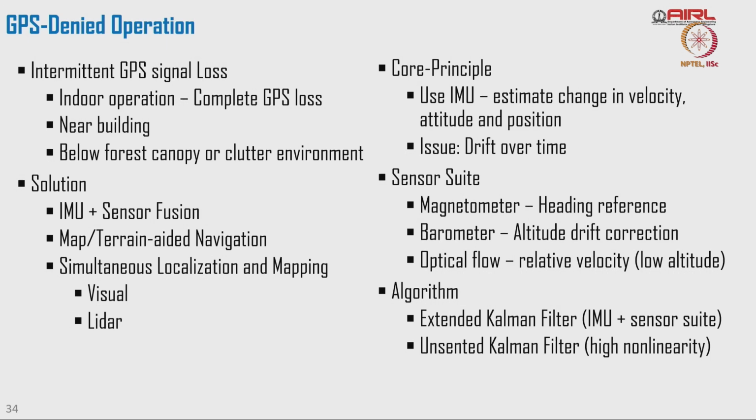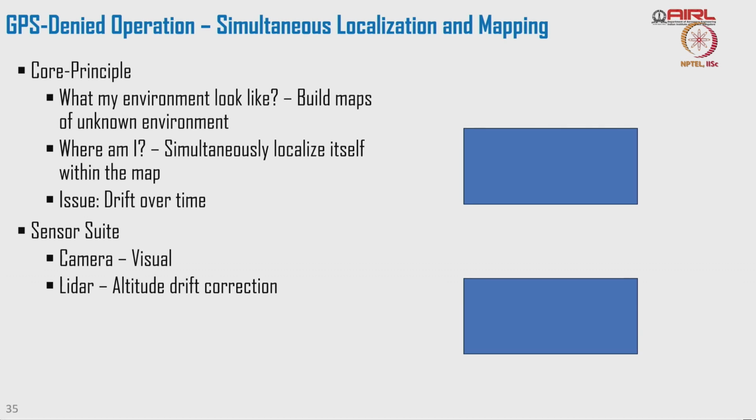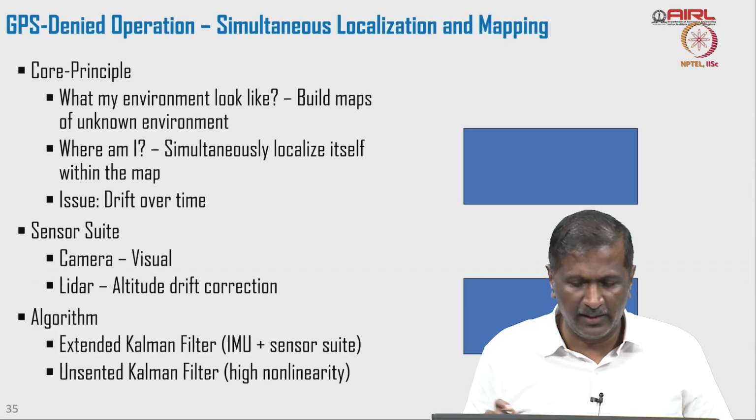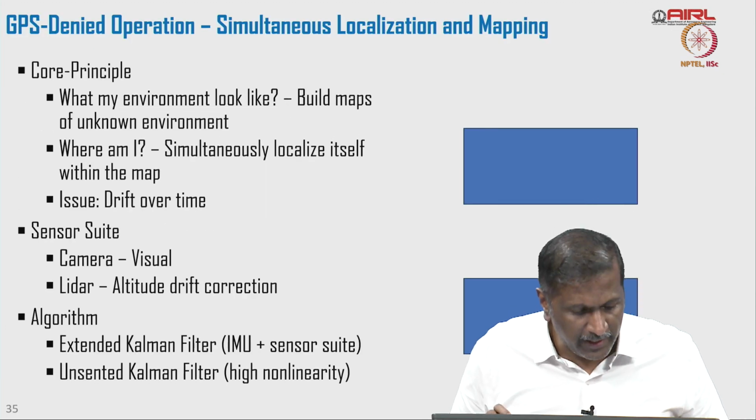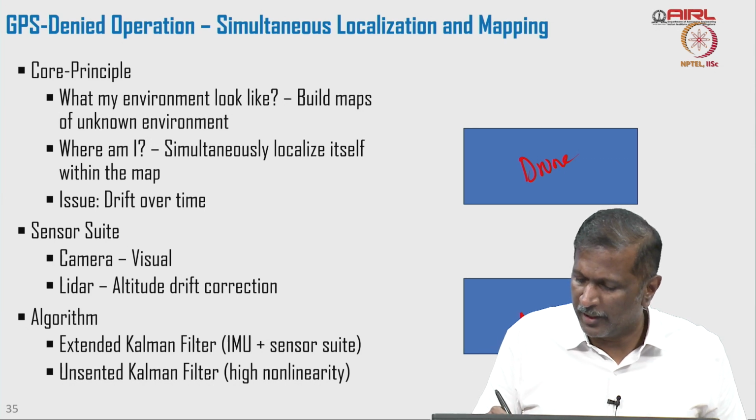Or what I can do is I can also use the memory neuron network to estimate the velocity based on the data and use that velocity as an input to my extended Kalman filter or unscented Kalman filter to get the state of the system, which I will use for control purposes, right. So whenever a map is not possible, localization is not possible, or I have just IMU alone, what we did here is we combined the drone data with the memory neuron network.